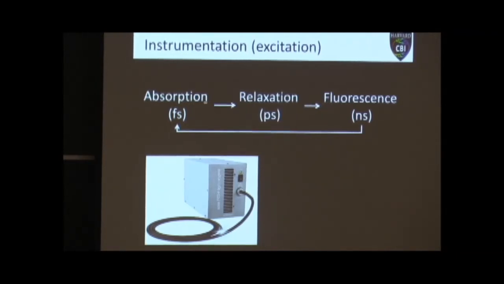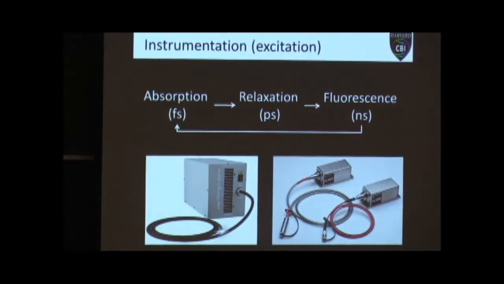Okay, so if this is just doing this continuous loop, how are we going to measure a lifetime? If we take one of our lasers, most of the lasers that we have in the facility are what are called continuous wave lasers. So it's just a steady stream of photons coming out of them.